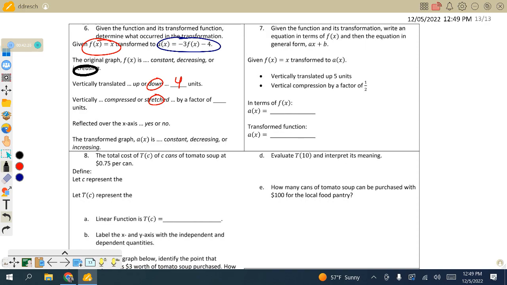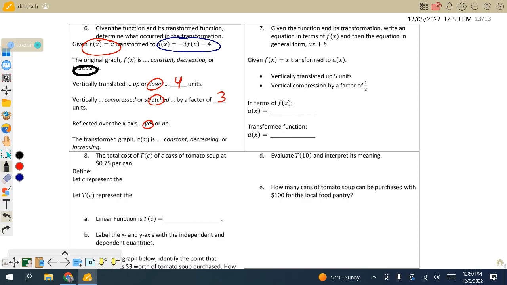And then that 3 is what we say is the factor. Okay? We're tripling it. And the other thing that you did on Matthew was potentially a reflection. Okay? How do I know if there's a reflection happening here or not? Well, out front is a negative. And when you have a negative out front, that means we have a reflection happening over the x-axis.